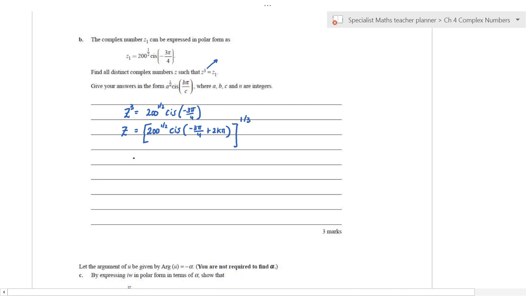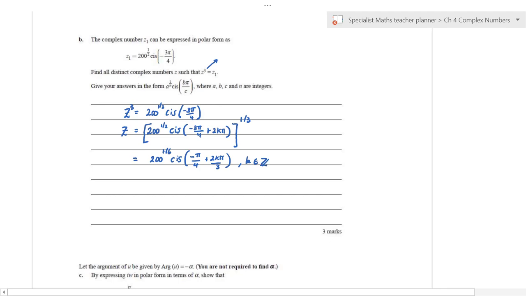So as you can see there, we're going to have 3 solutions here. We've got 200, a half times a third is 1/6. And look at that, it's cis. Now, applying de Moivre's theorem here, it's going to be minus 3 pi on 12, which is minus pi on 4, plus 2k pi over 3, such that k is an element of the integers.